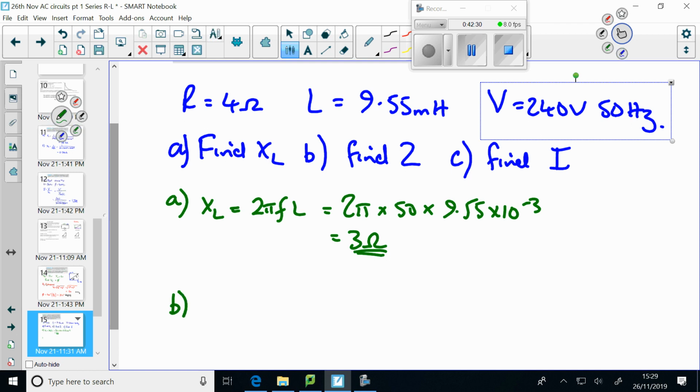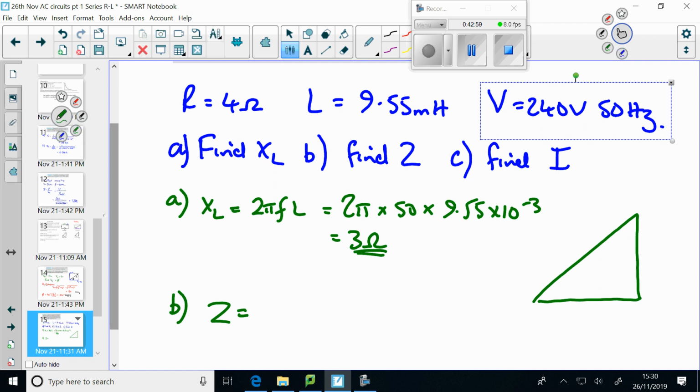B, how are we going to find Z? What could we draw here? So we can draw a triangle. What value goes on the hypotenuse? Now we're not a voltage triangle now, are we?